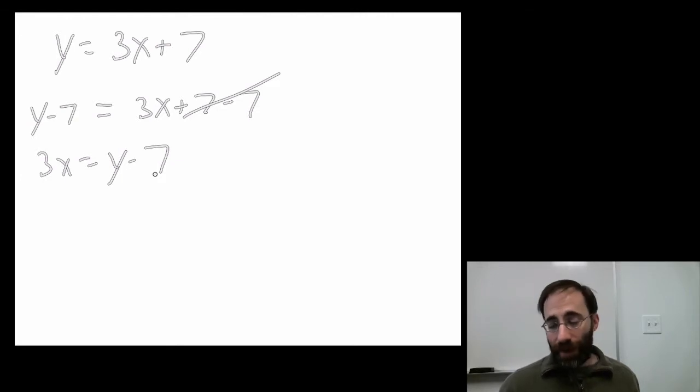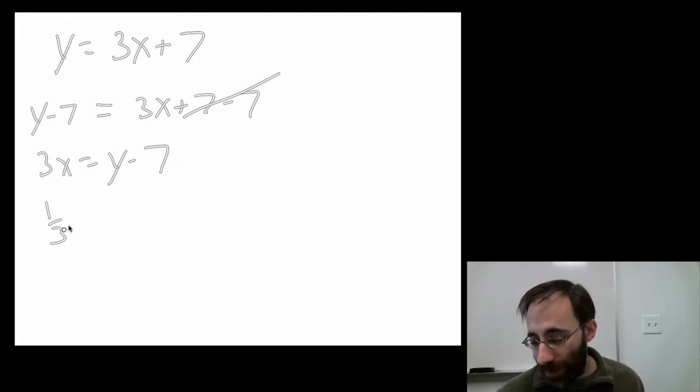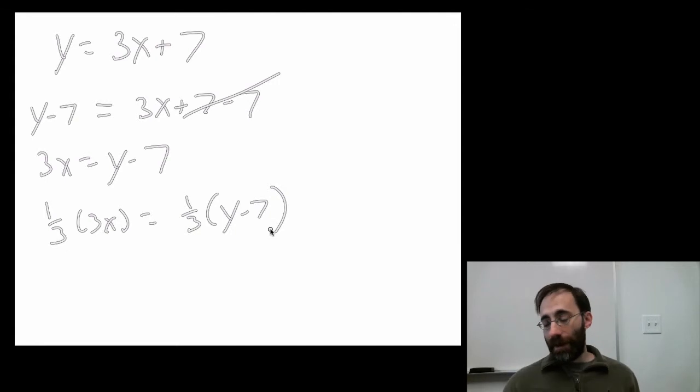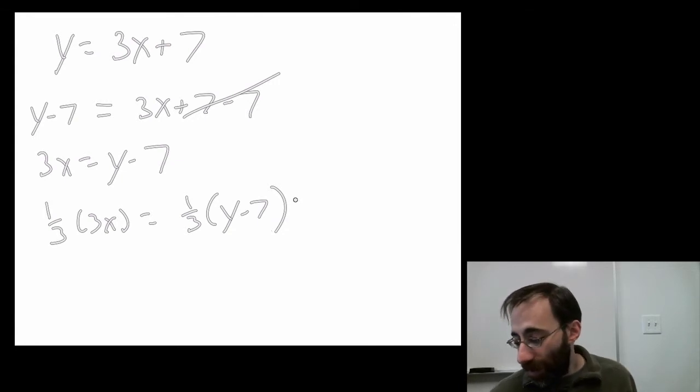So now I have a 3 here on the left. I multiply by 1/3. So I have 1/3 times 3x equals 1/3 times (y minus 7). Now remember the parentheses appeared here because the 1/3 multiplies everything on the right side. So the parentheses means I want to multiply everything on the right side at the same time. I could have also distributed that 1/3, which looks like this.